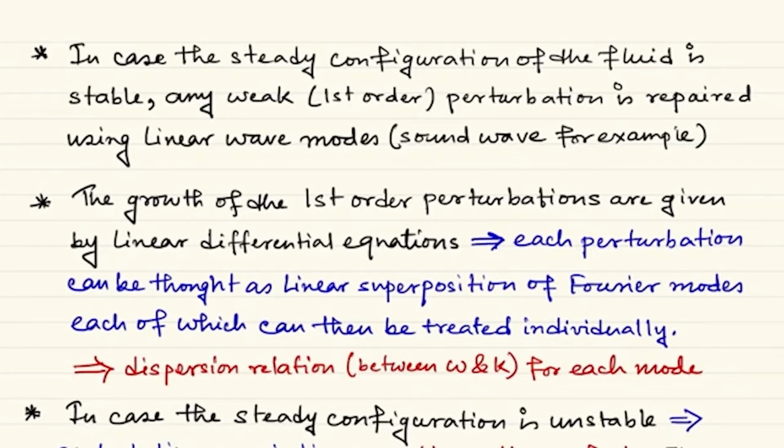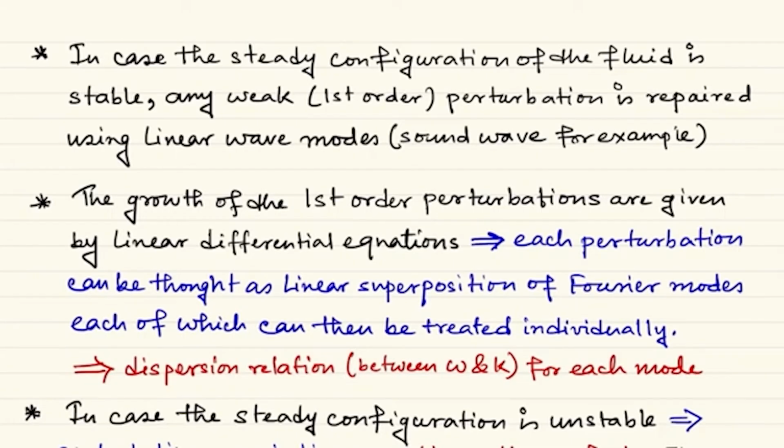For example, the nonlinear advective term vanishes. Then each perturbation can be thought of as a linear superposition of Fourier modes, each of which can be treated individually. That is the property of a linear differential equation.